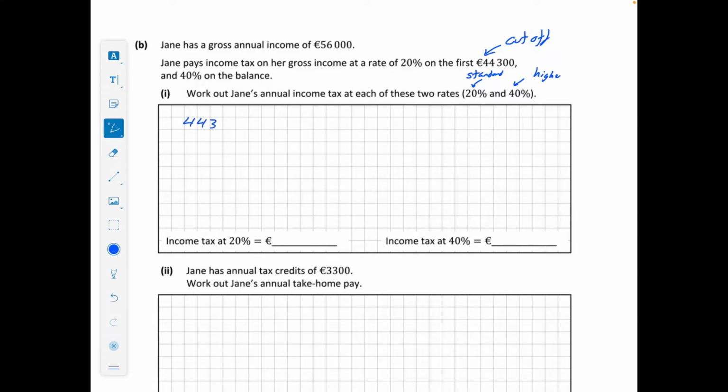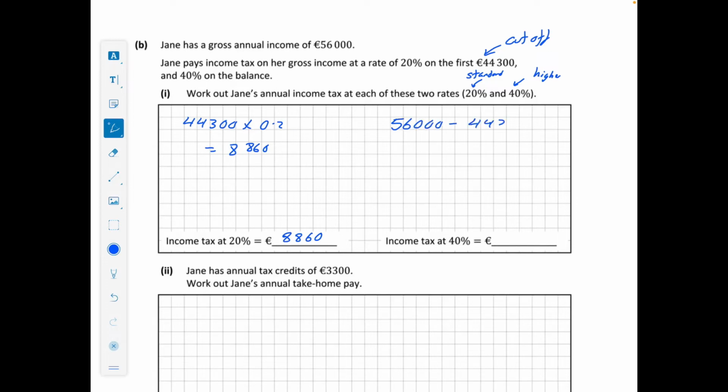So we're just going to calculate 20% of 44,300. That's going to give me 8,860. So that's how much income tax she must pay on the first chunk of her earnings. But then on the remainder, on the extra bit she earns, she needs to pay 40% tax. So we need to find the extra bit she earns first.